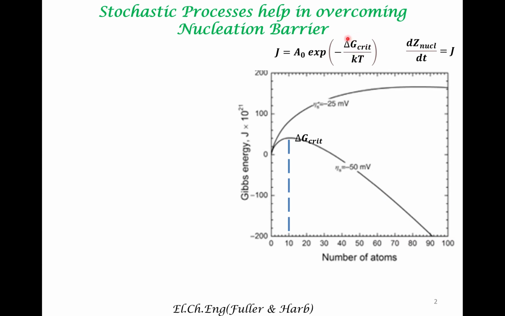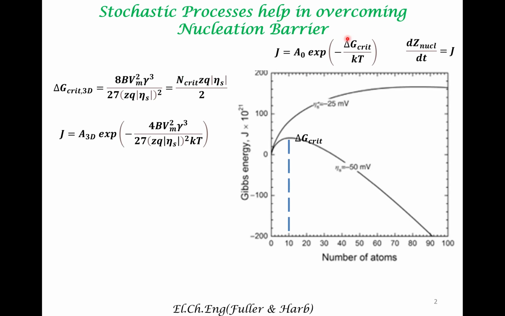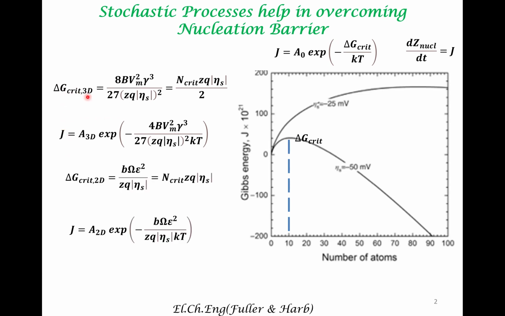This is the activation energy, in this case, the Gibbs free energy associated with the formation of a critical nucleus. And using models concerned with 3D nucleation and growth or 2D nucleation, we derived some expression for delta G, and we can connect J to this delta G. We did this for 3D nucleation as well as 2D nucleation.